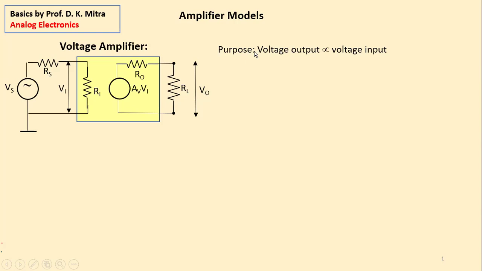The purpose is that VO must be proportional to Vs. Irrespective of RS, RI, RO, RL, etc., VO should be proportional to VS. That is the purpose. How do we achieve that purpose?